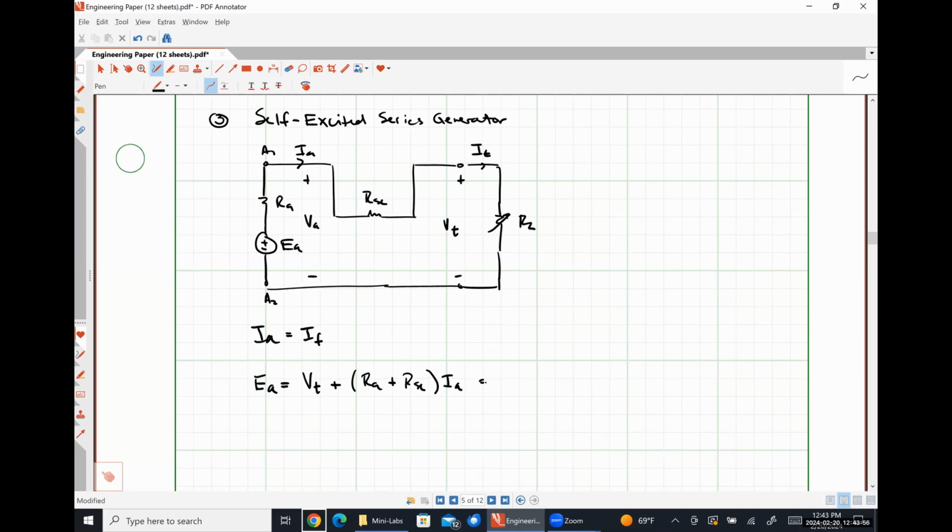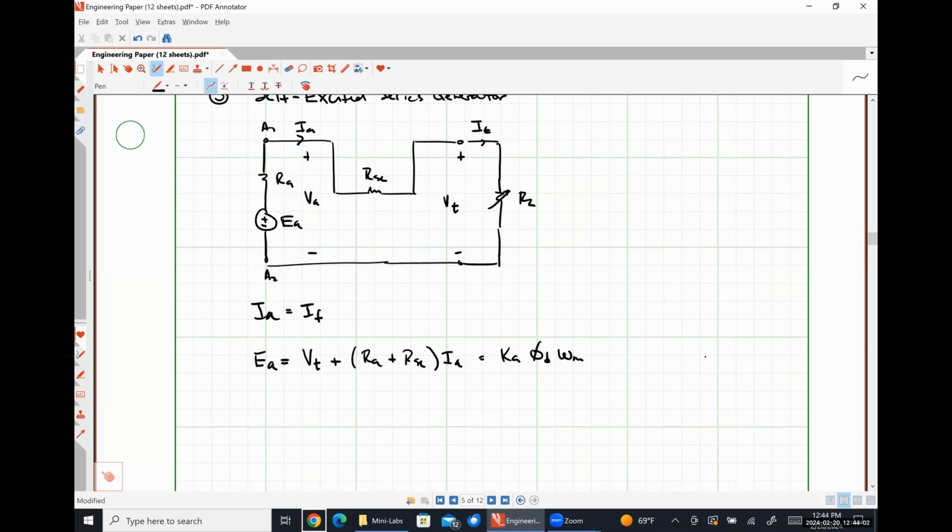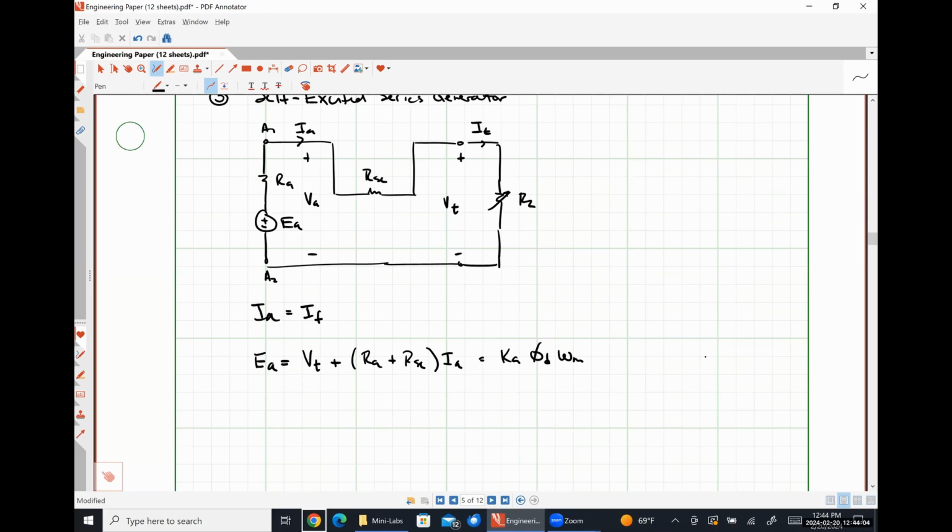This will also be equal to Ka by D omega M. And my terminal voltage VT is just IT times RL.